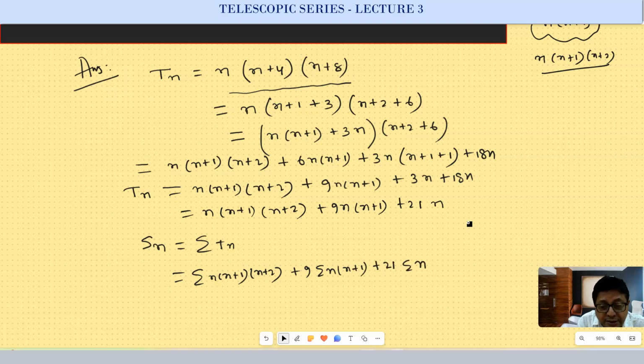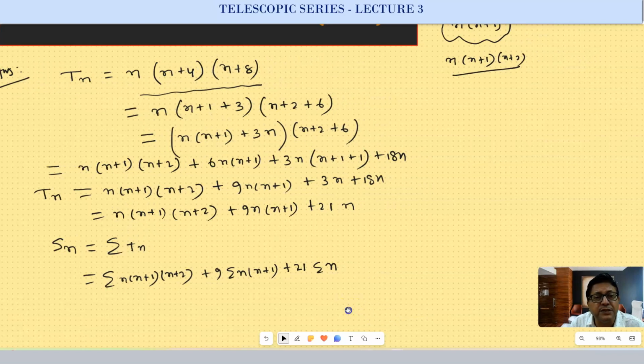You all can see that this kind of sum we have done in the previous session, where we can easily express this one in the form un plus 1 minus un, this one also, and this one is just sum of first n natural numbers. So our effort will be to calculate this sum.